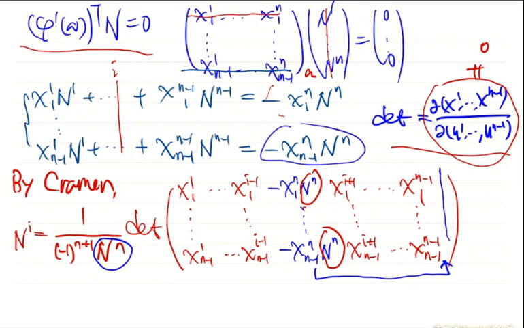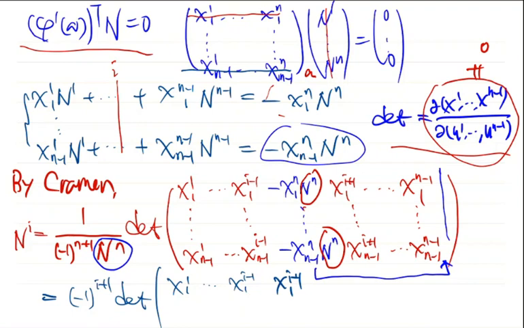So from this consideration, we see that we can simplify the expression of N_i to be (-1)^(i+1) times the determinant of the matrix with columns x_{11}, ..., x_{1,i-1}, then x_{1,i+1}. The ith column has been moved to the last column.